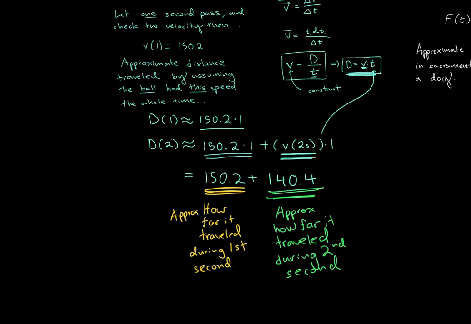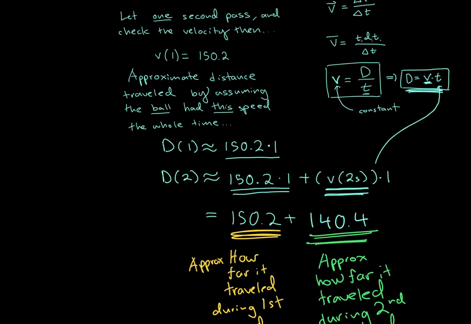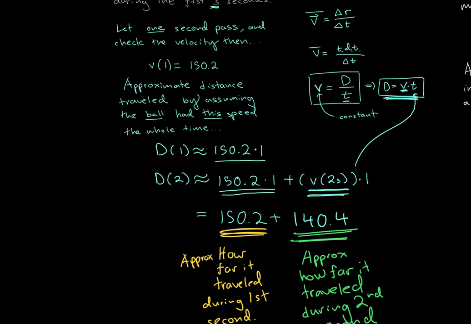Even though the velocity decreases from 160 to 150.2, what we're doing is we're somewhat abusively, I guess, saying that, hey, let's just assume that the velocity that whole time was actually just 150.2, and under that assumption, how far did it go? All right. And apparently it went 150.2, meters, I guess.